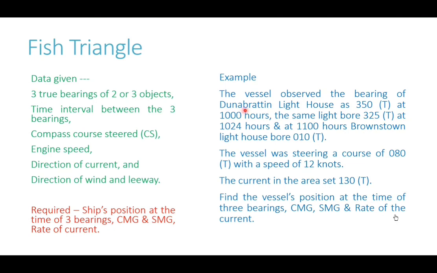The first two bearings are given from Duna Breton Lighthouse. The third bearing is given from Brownstone Lighthouse. The course steered, engine speed is given, the set of the current is given, and the rate of current is required to be found out. So let's proceed ahead.